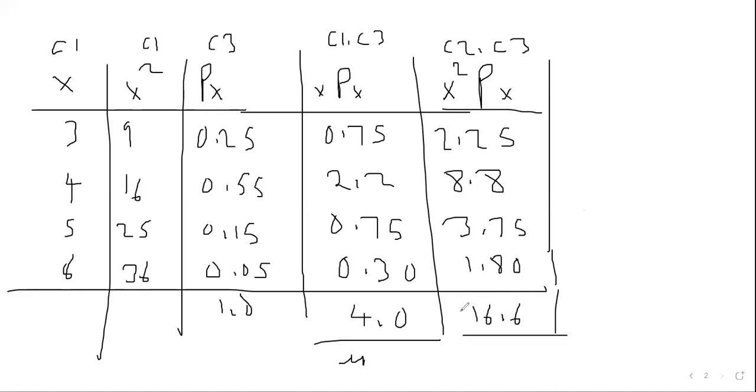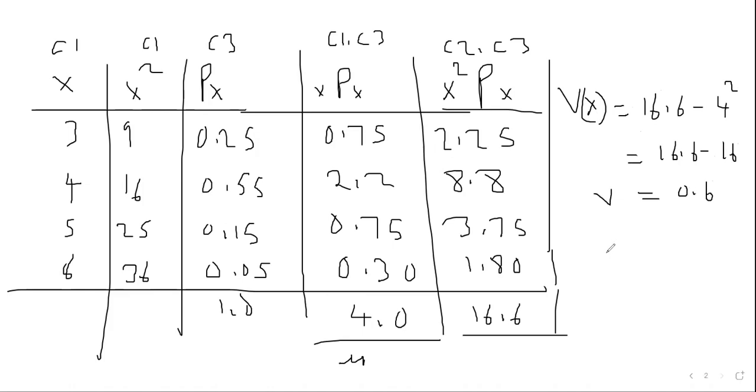So when you subtract the square of the mean from 16.6, we get the variance. So variance is 16.6 minus the mean squared. Here we have 16.6 minus 16, which is 0.6. That's the variance. The standard deviation is when you square root the variance.